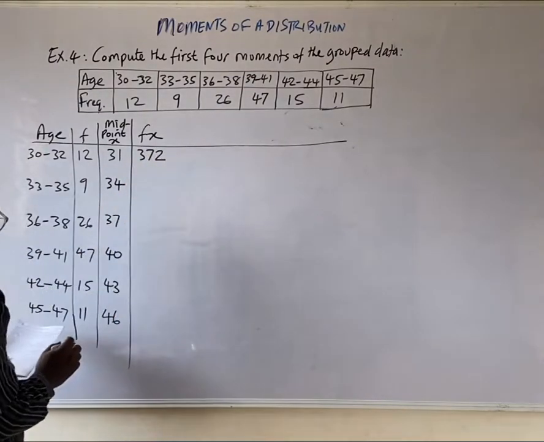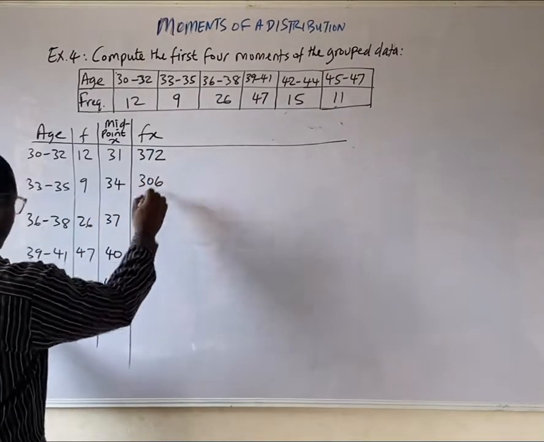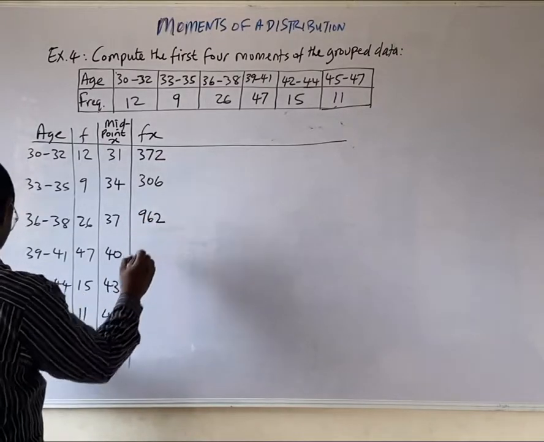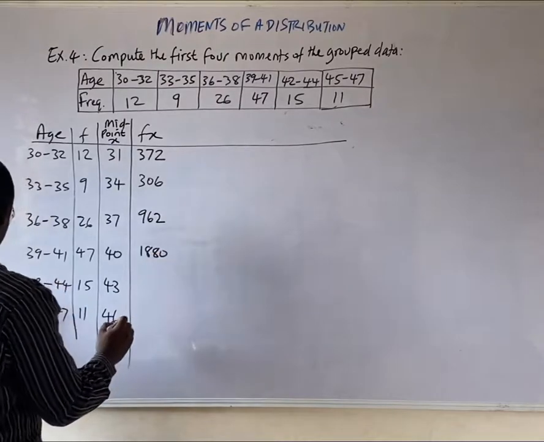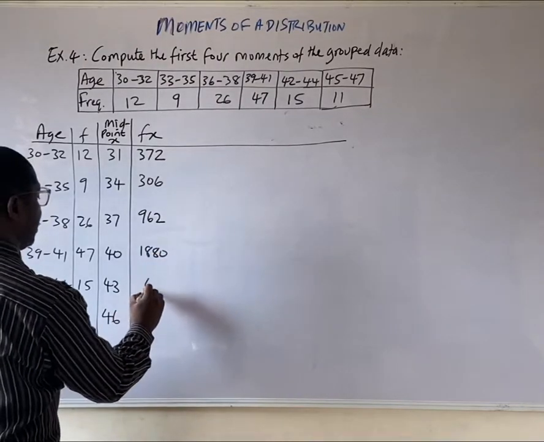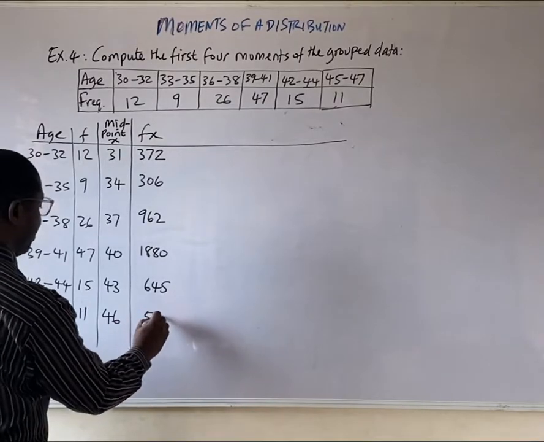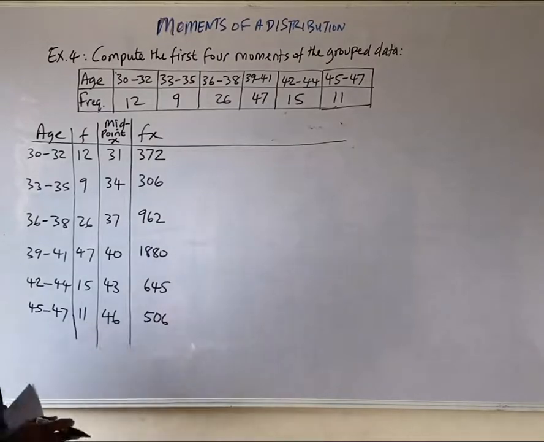I hope you are doing that on your own. 9 times 34, we have 306. The next one is 962. The next one is 1880. The next one is 645. And the last one is 506. So that's what we have as our fx.